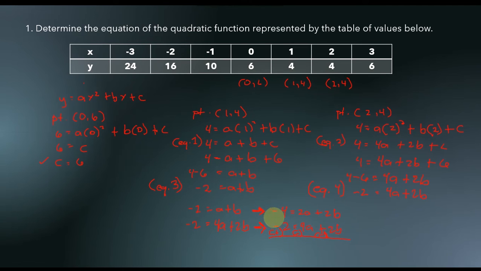Negative 4 plus 2 will give me negative 2. 2a minus 4a is negative 2a. Positive 2b minus 2b will be eliminated, that is 0. Then looking for the value of a, dividing both sides by negative 2, this will give you a equals 1.